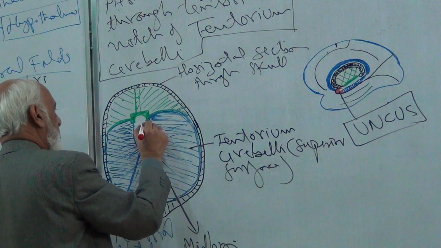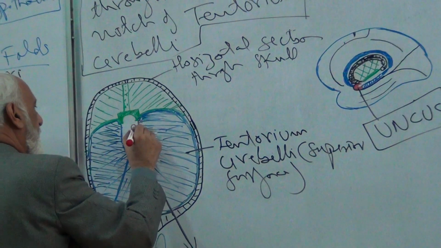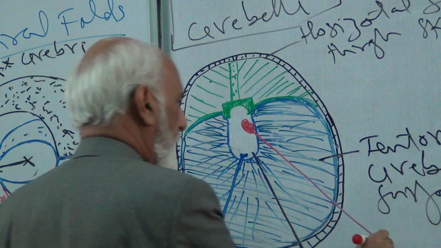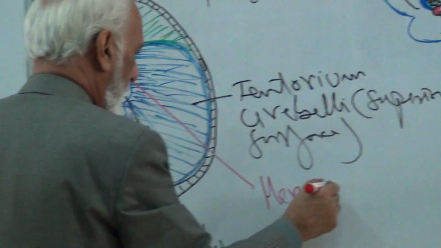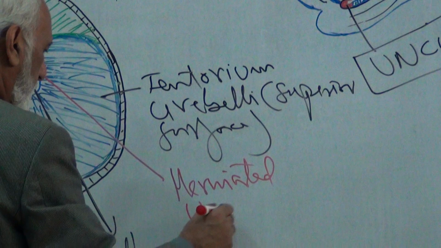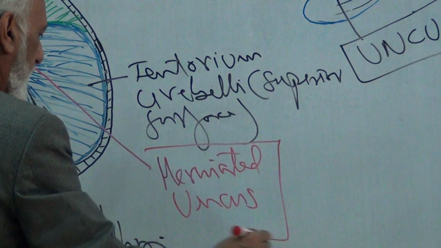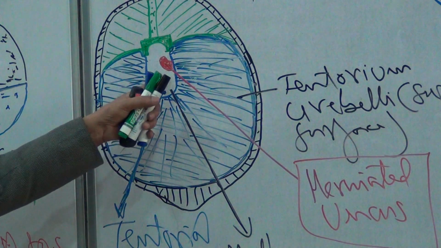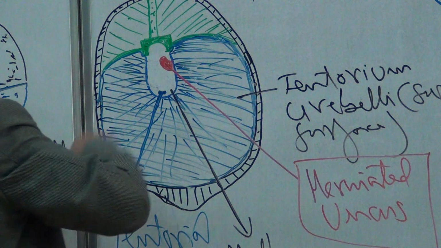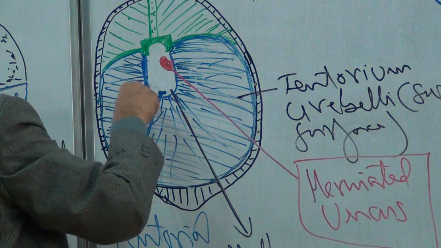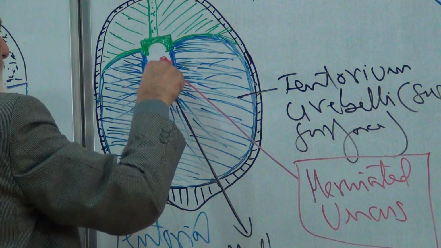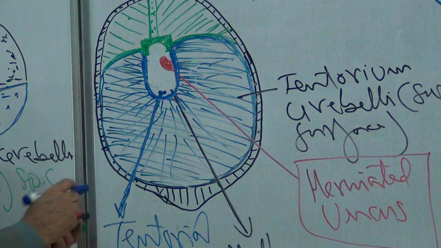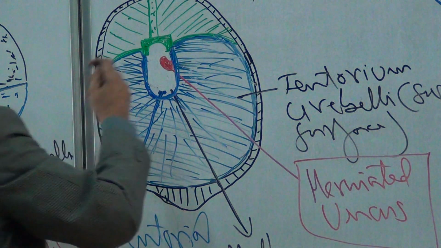Suppose on this side, this is the uncus which is herniated into the tentorial notch. This tentorial notch is traversed by the midbrain, so naturally this herniated part of the uncus will compress the midbrain.